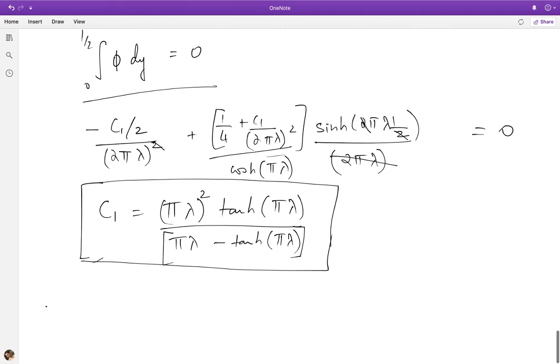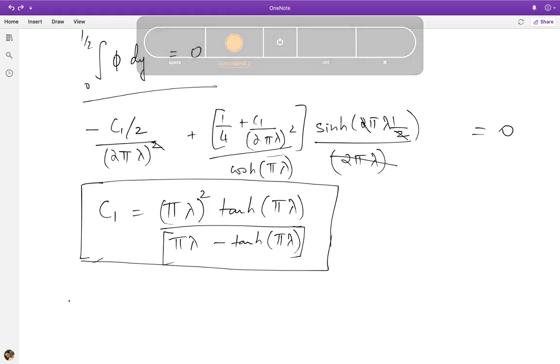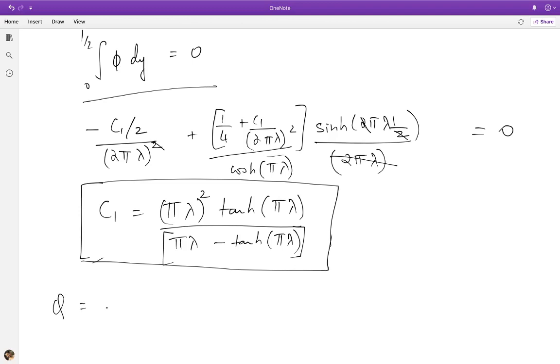So if I calculate the correction to the flow rate, remember q is q naught, so let's say q by 2 is q naught by 2, which is the integral of u naught, the base state flow rate, plus at epsilon the integral from 0 to half of u1, which is basically phi1 dy times sine 2 pi x.